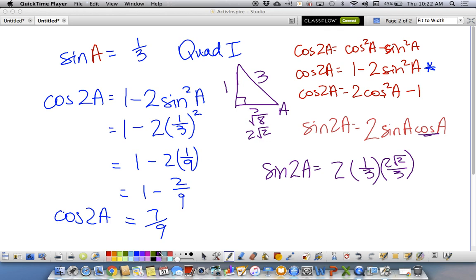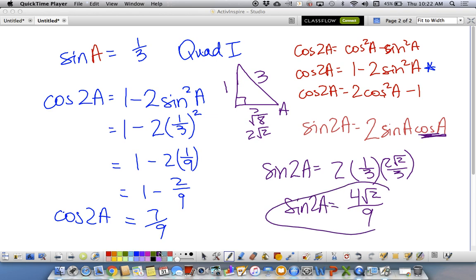So we're filling in this piece of our formula to find sine 2A, and then you're just multiplying fractions. What's 2 times 1/3? 2/3 times 2 square root of 2 over 3 gives 4 square root of 2 over 9. And nothing will reduce. All is happy.